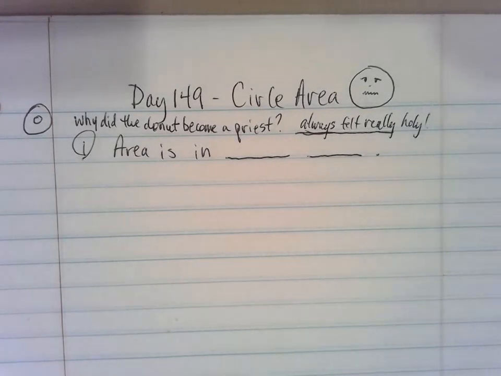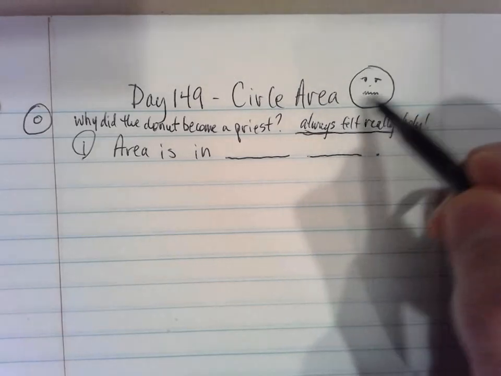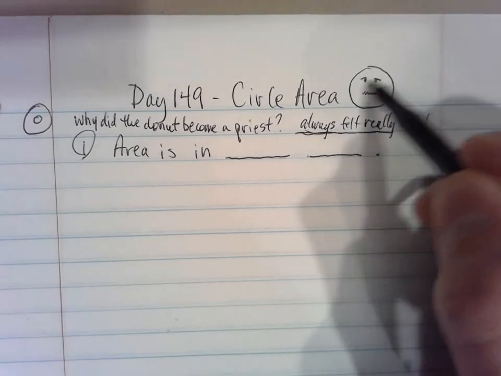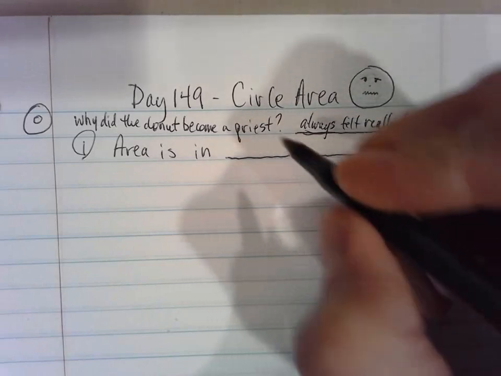So, we've been talking about circumference. Area is all the stuff in here. Like if this was the pizza, and you had your pepperoni and your cheese and your sauce and all that stuff in here, then we'd be talking about area, and area is in square units.